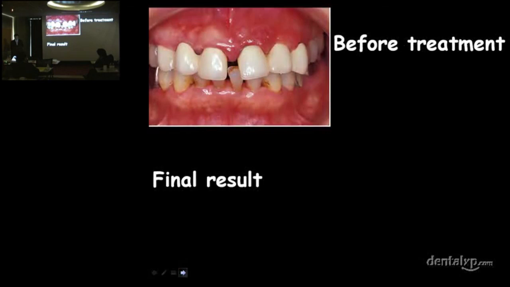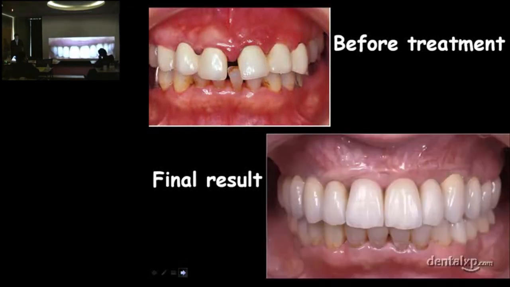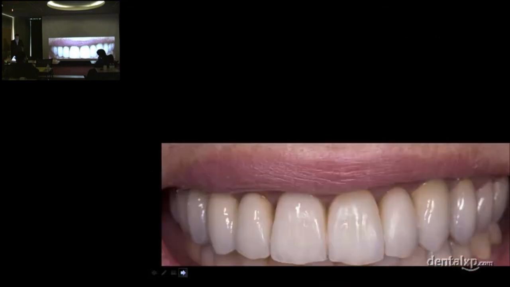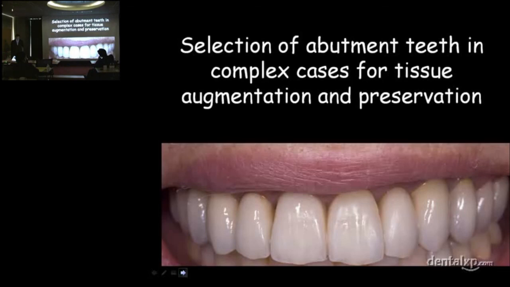This is before and after treatment. Considering the patient's lip line, it is immediately apparent why successful tissue augmentation is critical to patient satisfaction. To manage complex cases successfully, careful selection of abutment teeth must go hand in hand with the timing of individual procedures.